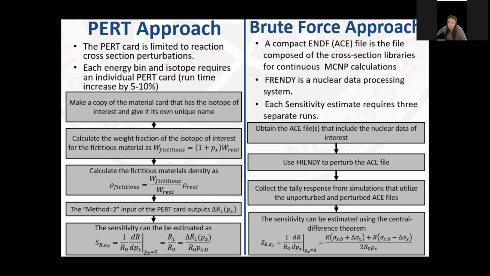You need the unperturbed case, a perturbation up, and a perturbation down, and each of those are individual runs. Once you've collected that data, you can do the sensitivity estimation using either the PERT equation shown on the left or the central difference theorem shown at the bottom right here.